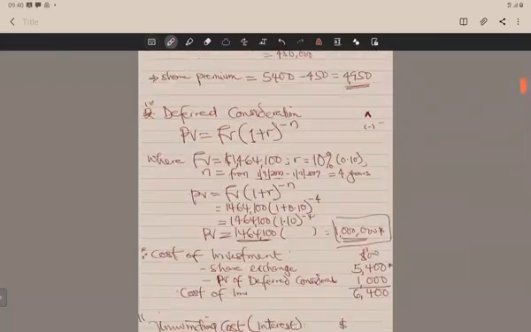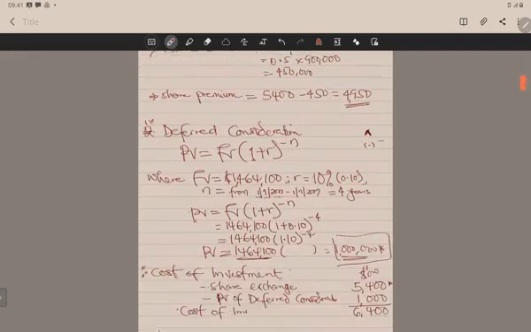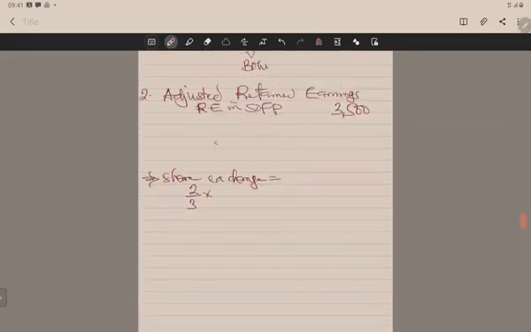I want to call your attention back. You see, shares consideration, the one that has been acquired, and this one we acquired 80%. So 2 shares for every 3 shares will be 2 shares for every 3 of the 9,000 shares in Bolu. This will give us the number of shares acquired, then multiply it by the value. So 2/3 multiplied by 9,000, what do we have? 6,000.